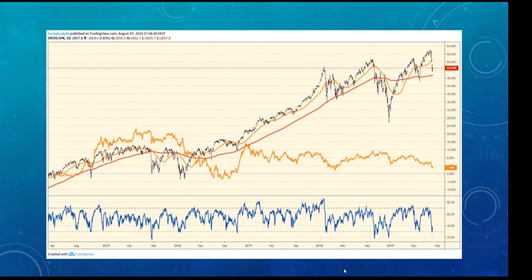Donald Trump was elected as president of the United States. At the end of 2016, once the election took place, you saw the stock market take off, and the stock market has continued to rally since then, minus the decline we saw in the S&P last year.